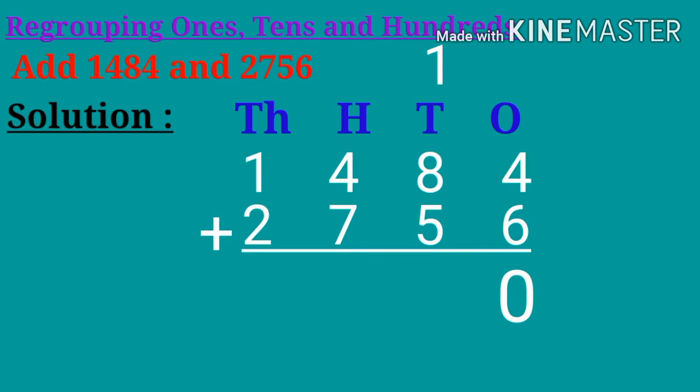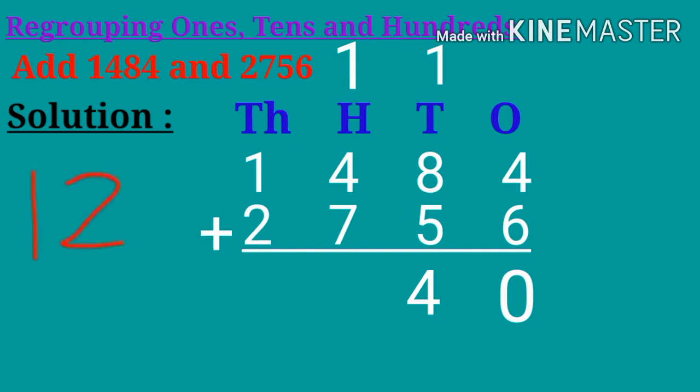Then add the tens digits. 1 ten, that is regrouped, plus 8 tens plus 5 tens, that is equal to 14 tens. Regroup 14 tens. 14 tens is equal to writing 4 in the tens place and 1 in the hundreds place. Add the hundreds digits. 1 hundred, that is regrouped, plus 4 hundreds plus 7 hundreds, that is equal to 12 hundreds.